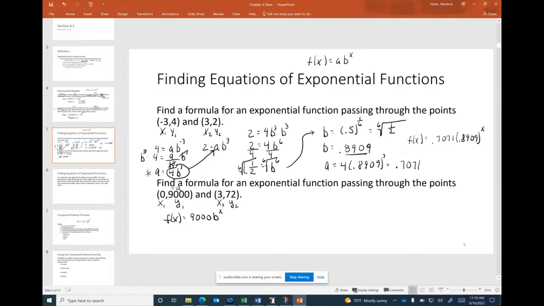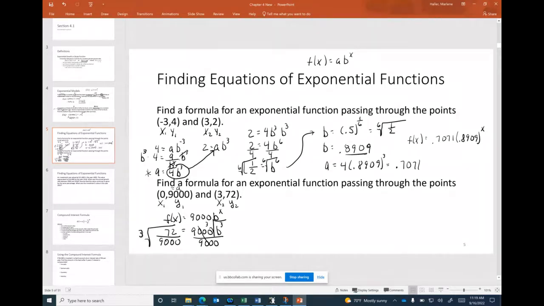So let me use that second point, substitute those values in for x and y, and I should be able to solve for B. All right, so we're going to say 72 equals 9,000 B to the 3rd power. All right, solving for B, we have to divide both sides by 9,000 and then take the cubed root.